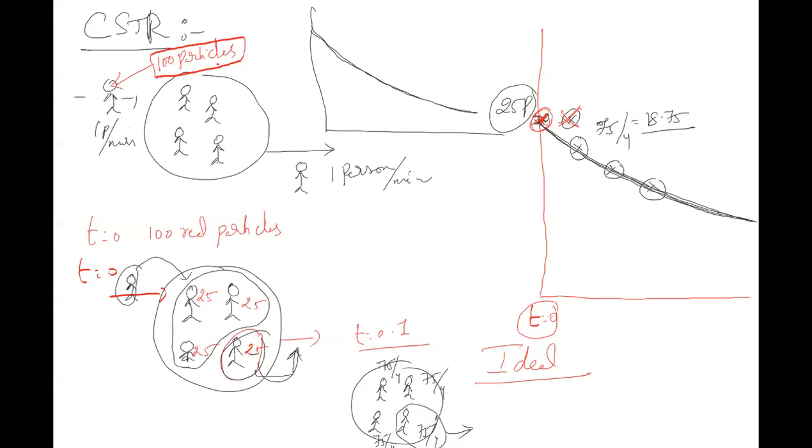So whatever we are drawing is, let's say, concentration versus time. Now I'm going to derive the equation for this curve. But first you have to understand how this curve is coming.